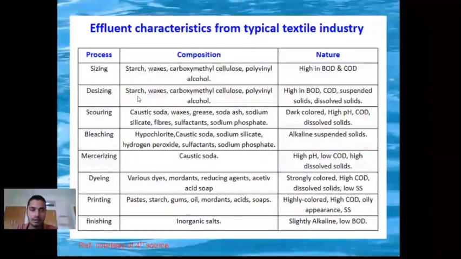Each of these processes has its own specific effluent, such as starch, waxes, carbon, cellulose, polyvinyl, surfactants, caustic soda, dyes, gums, oil, mordants, etc. And as you can see, this induces high BOD and COD into the effluent. So, based on the effluent source, the effluent treatment plant will be designed in such a way as to counteract this situation and reduce the BOD and COD of the freshwater to acceptable levels.